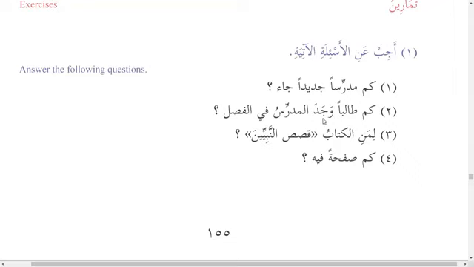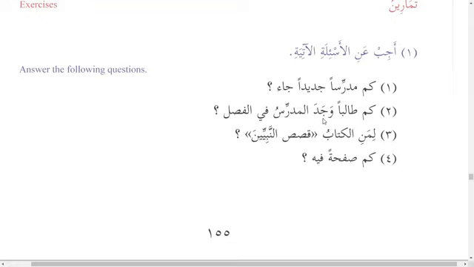So that's how we will answer, because the number of students in the classroom is 30, but when the teacher came he found 25 students. So wajada yajidu is to find something. How many students did he find? He found 25 students, not more than that. وجد فيه 25 طالبا. He found 25 students.